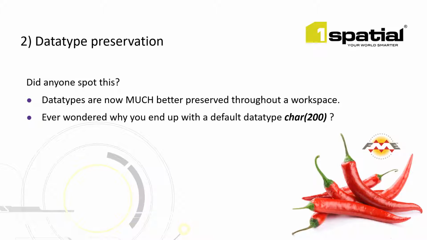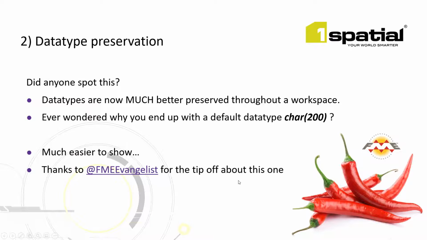The challenge is that historically transformers are pretty dumb when it comes to data type. They don't understand data type, and as a result, things can get subtly adjusted through your workflow without you immediately noticing, and it means that you have to go and do a little bit of tinkering with your target schema to get data types to match up.